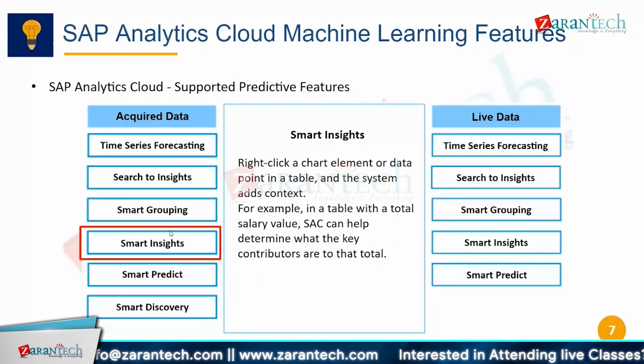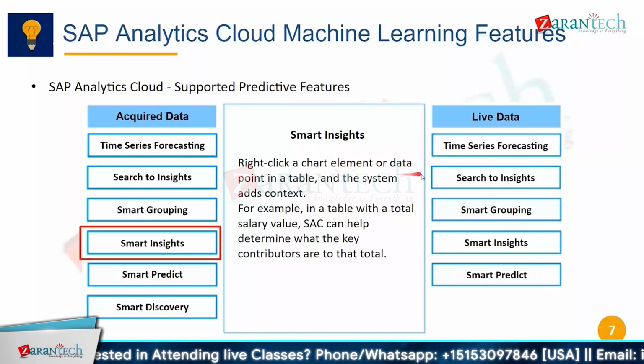So you can also enable this smart insights. You can right click on a chart or data point, and the system will add the context. For example, in a table with a total salary value, SAC can also determine what are the key contributors to this total.